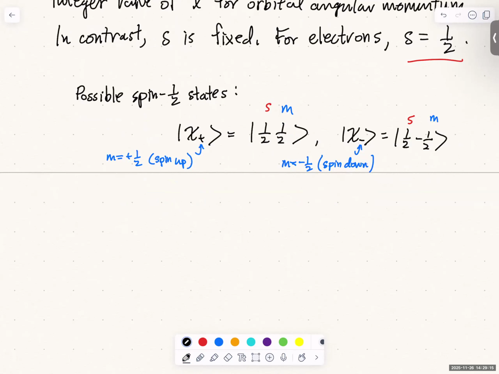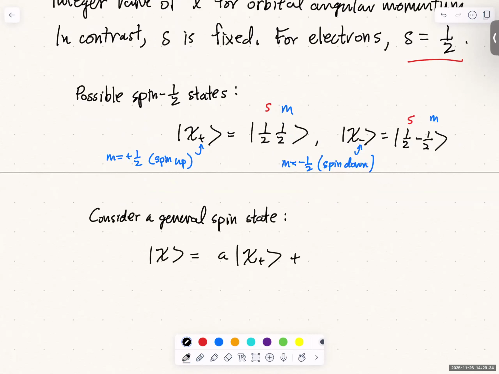Okay, so consider a general spin state that would look like, we'll call it chi, and it's going to be some amount of the spin up state plus some amount of the spin down state. We have only two eigenstates, and so there's only two terms in our expansion.